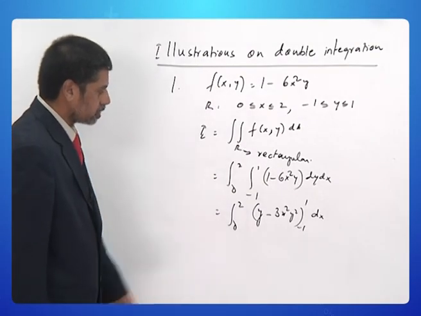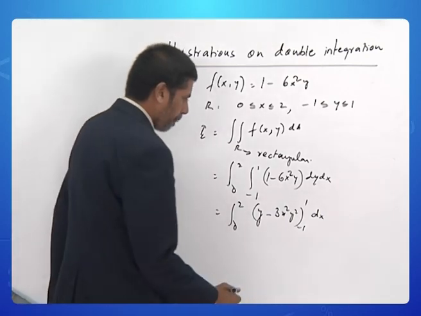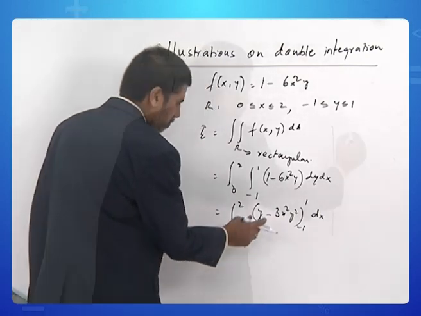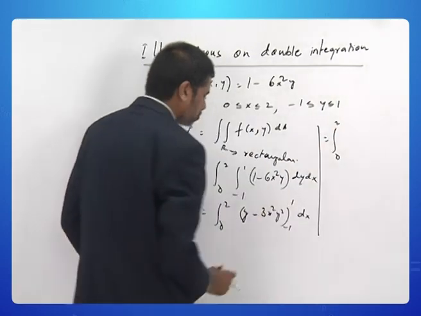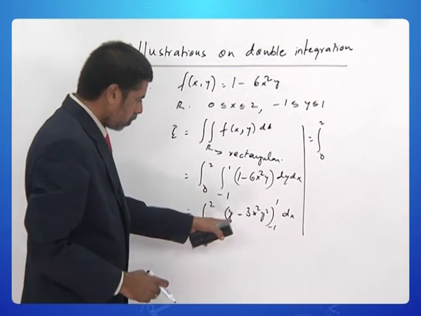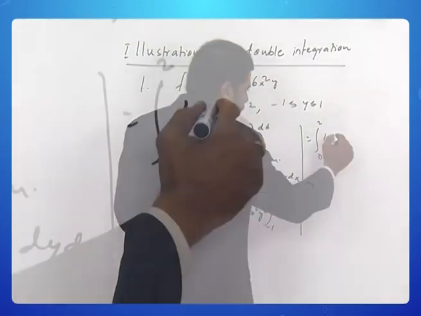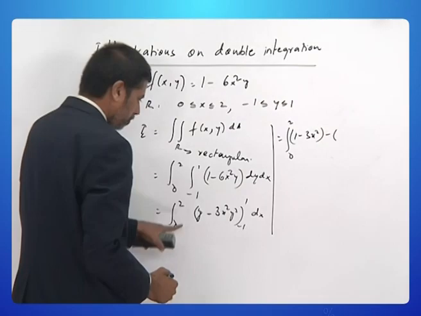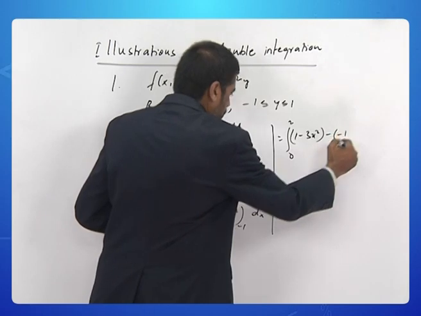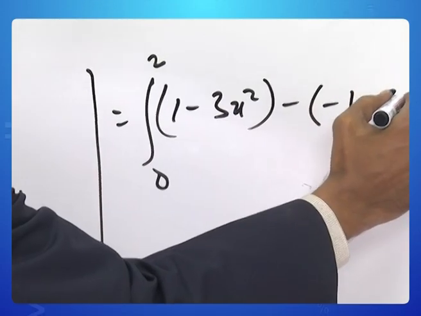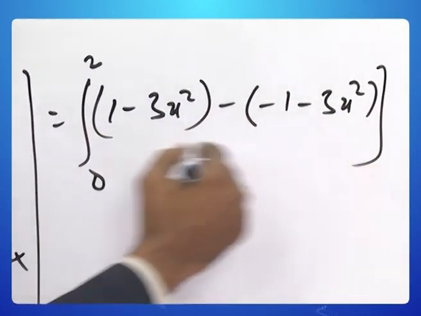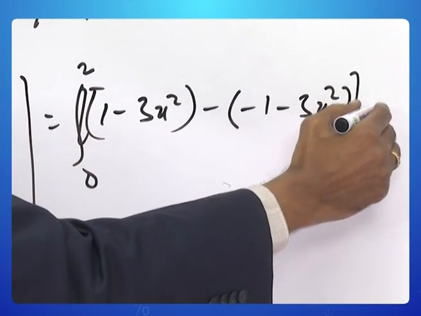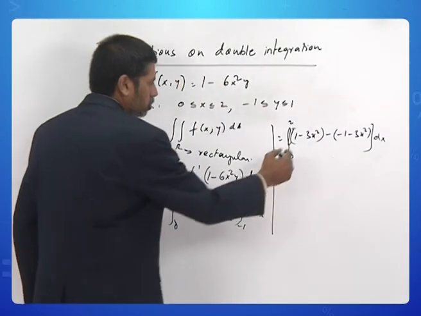Let's integrate this with respect to x, 0 to 2, 1 minus 3x squared minus of minus 1 minus 3x square dx.